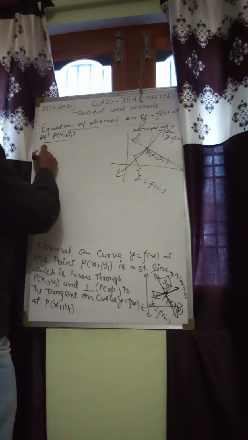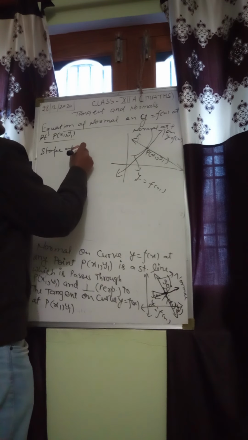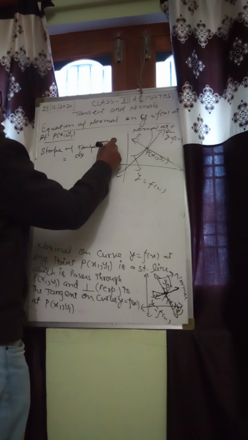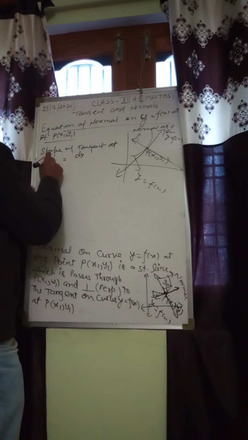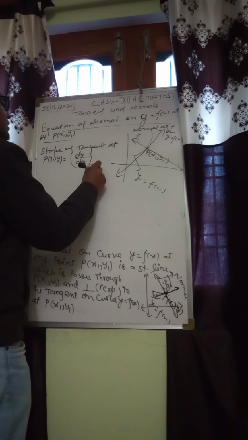Clearly, slope of tangent at P(x1, y1) is given by dy/dx at P(x1, y1).